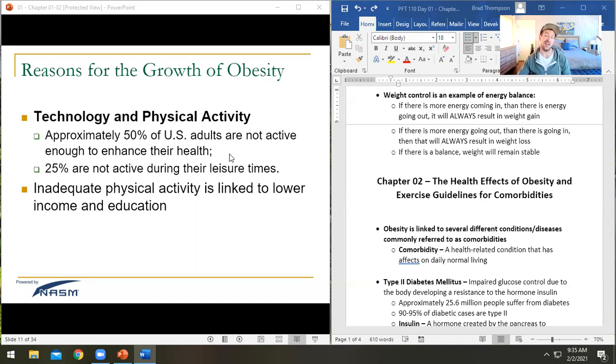Some people are just physically active in their jobs, but about 25% of people are not active during any of their free time. So we see a pretty substantial amount. Some people have a white collar job where they can sit down at a desk, but then they have all this free time on their hands and they don't use it to be active. They use it to be sedentary. So we definitely know that inadequate physical activity has been linked to lower income. We know it's linked to education. We know that it is linked to obesity.